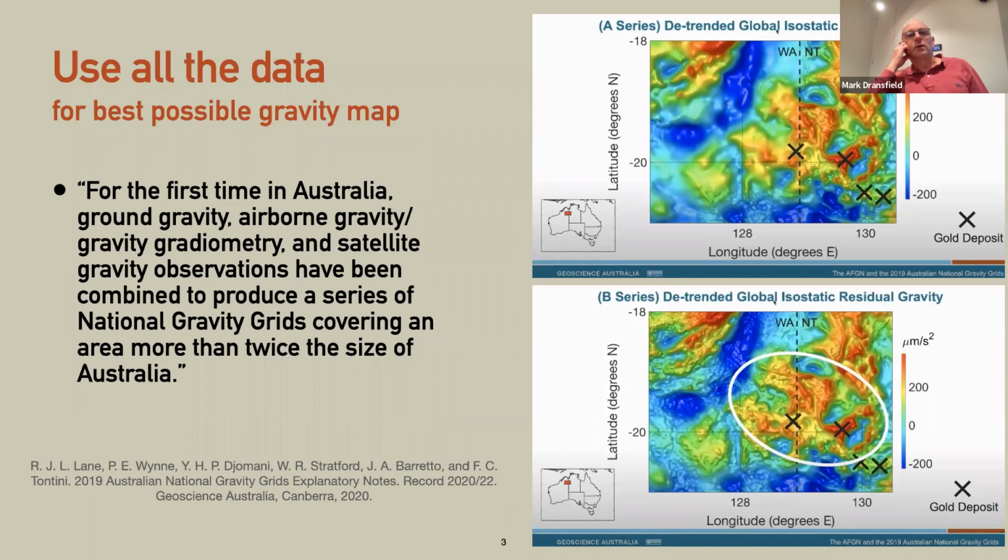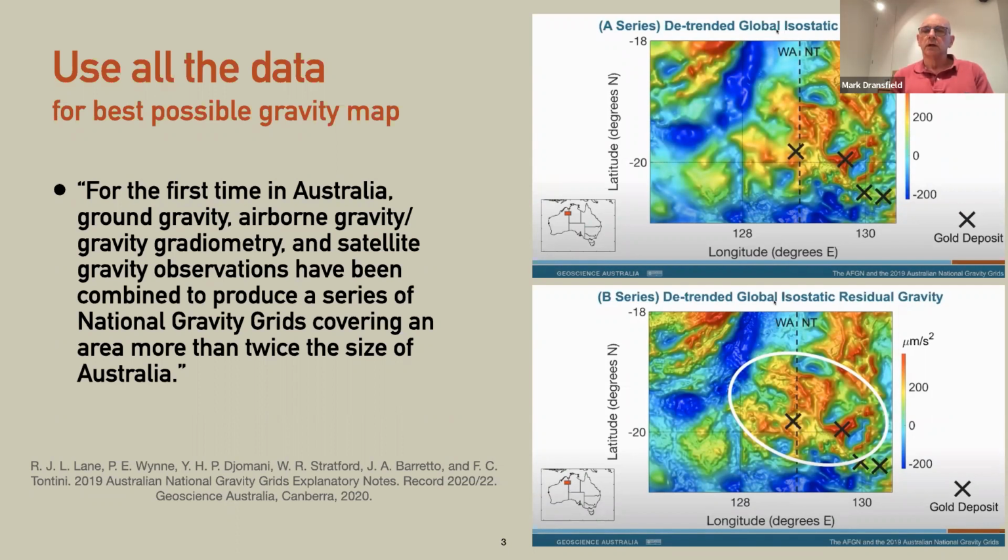When it comes to looking at the gravity, which is my particular interest, I was very excited a couple of years ago now when the latest National Gravity Grid came out, and to quote the Geoscience Australia record, for the first time in Australia, ground gravity, airborne gravity gradiometry, and satellite gravity observations have been combined to produce a series of national gravity grids.